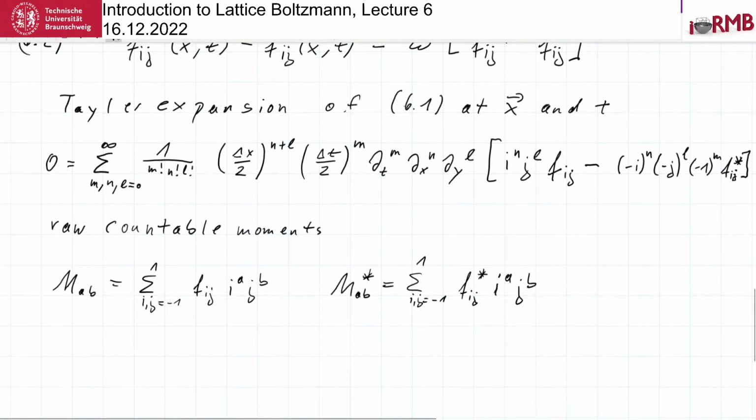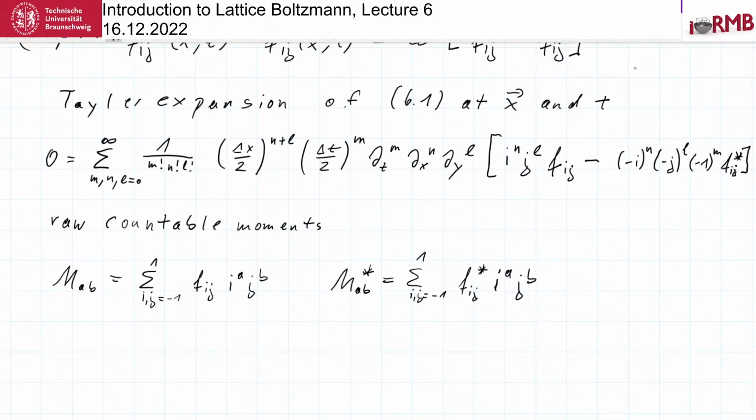And then we have another form of this, which we call M_AB bar, which is defined as the sum over i and j equal to -1 to 1. And now this is the average of the two.